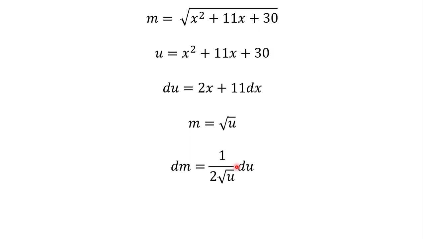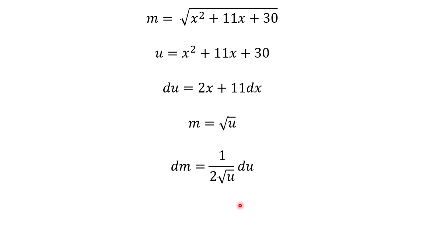The main one will multiply what we did under it, that is u is equal to x squared plus 11x plus 30, and that one gave us this one. So we are going to replace this du with this one, and then also u with the whole of this.